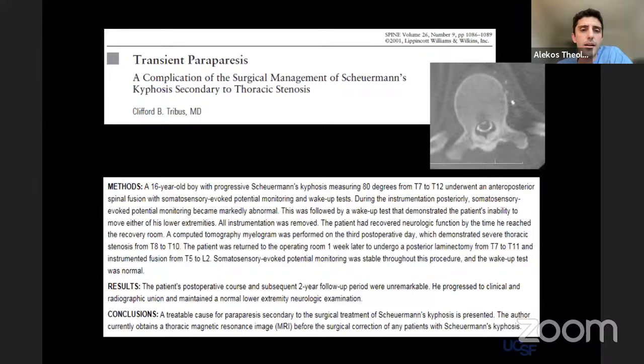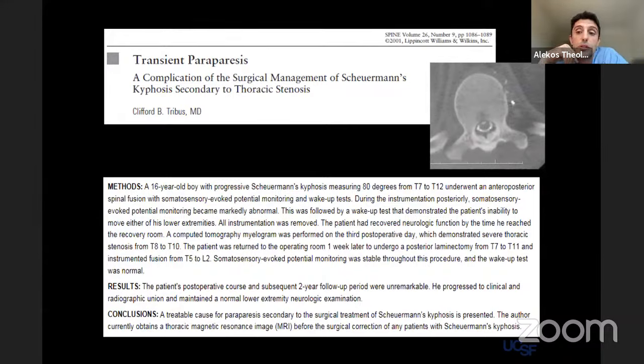Another one, this is a case report quite a while ago in 2001 by Clifford Tribus, presented on a 16-year-old boy with progressive Scheuermann's kyphosis, who underwent a posterior instrumented fusion, and during the instrumentation, lost all signals to his legs. A wake-up test was performed that demonstrated no function. So at the time the surgery was aborted, and by the time the patient got to the recovery room, he had recovery of his neural strength.